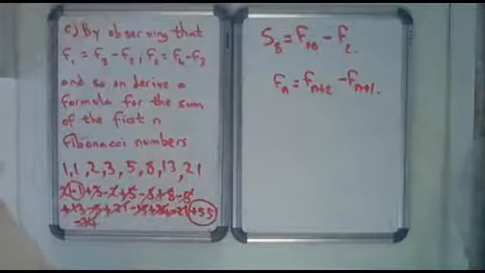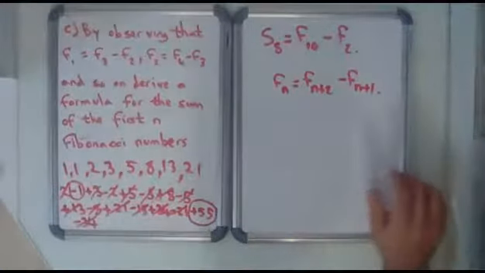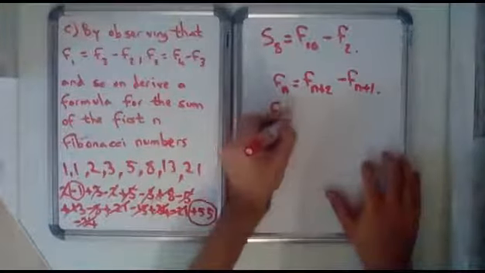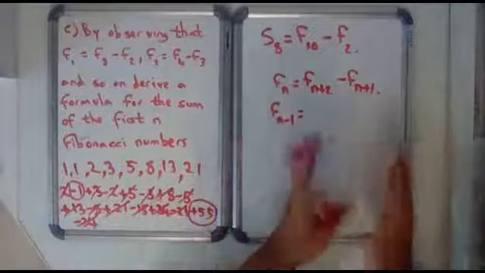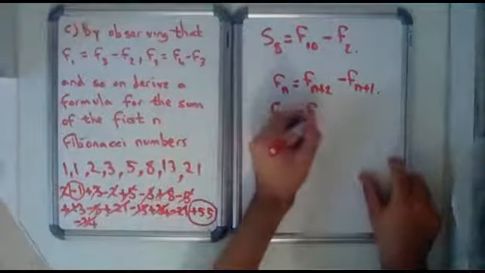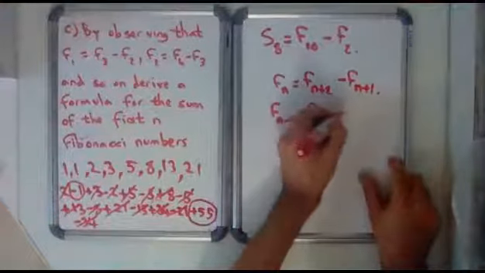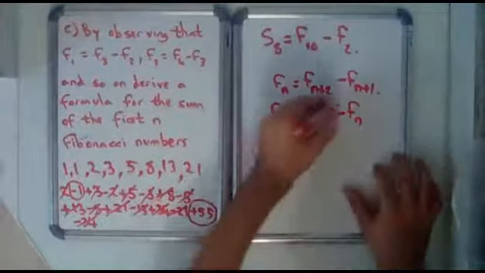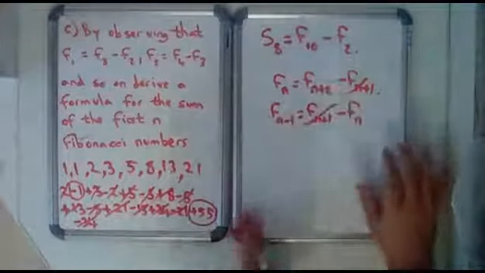So the way this cancelled, everything else, if you think of Fn minus 1, you shift them all this way, so it would have been Fn plus 1 minus Fn, and then shifted again, Fn minus Fn minus 1. So basically, even up to that point, everything cancels.